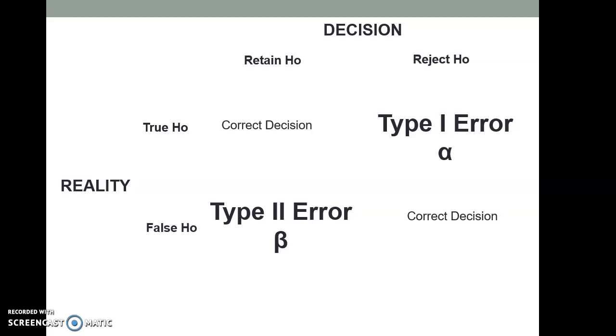These errors are what we call type 1 error, or the alpha error, and type 2 error, or the beta error. Well, in reality, there may be a true null hypothesis. For example, males and females do not differ in terms of their attachment anxiety.